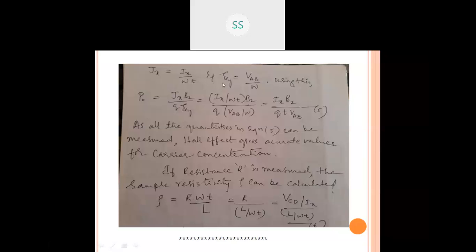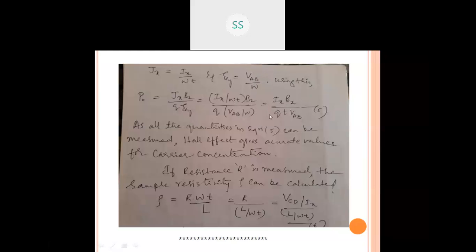Now, using these two, it is possible to rewrite P naught. In the previous page we defined P naught equal to Jx Bz by Q into Ey. Now replace Jx by Ix by Wt, into Bz, whole divided by Q into Ey, and Ey is nothing but VAB by W. Further you can simplify, the W term will get cancelled.